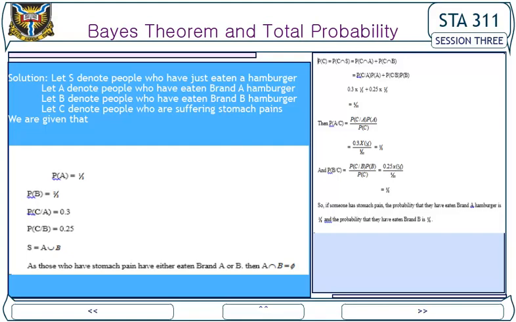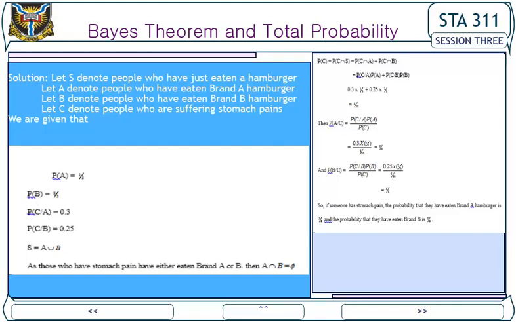As those who have stomach pain have either eaten brand A or B, A∩B is equal to the empty set. P(C) is equal to 8/30. Then P(A|C) is equal to 3/8, and P(B|C) is equal to 5/8.